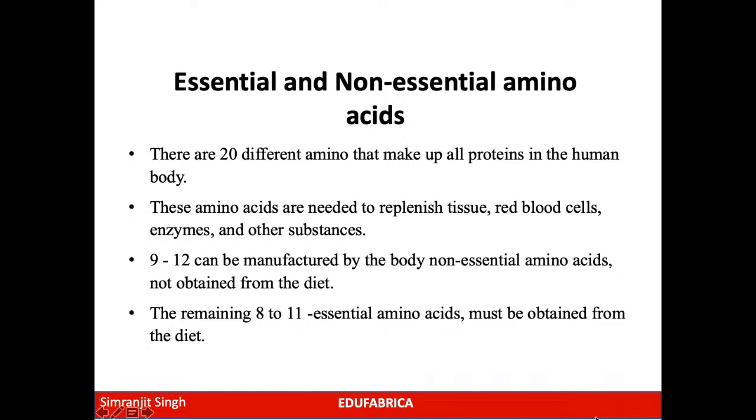Nine to twelve can be manufactured by the body, these are non-essential amino acids, and they need not be obtained from the diet. The remaining eight to twelve essential amino acids are not produced by the body and must be obtained from outside, through the diet.